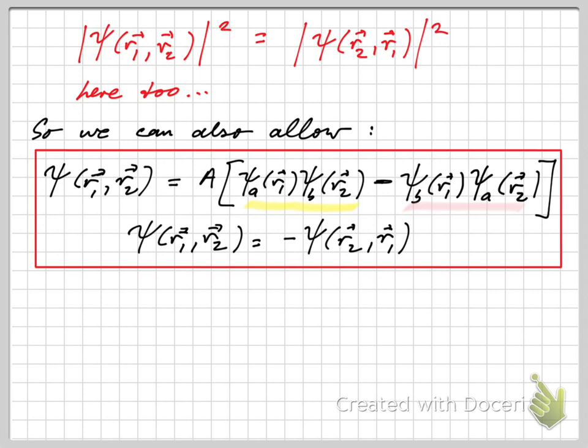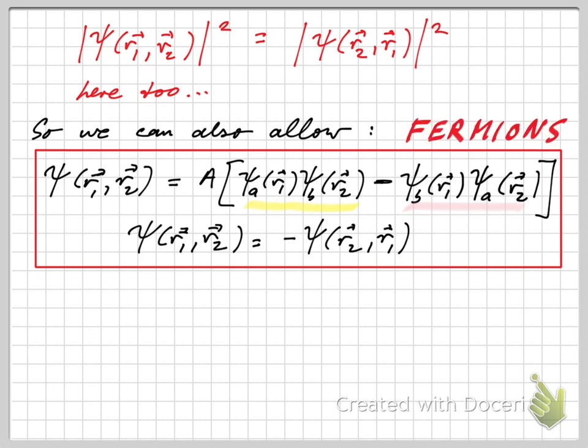And you see then with the minus sign, when you exchange R1 and R2 in that expression, you can very easily verify that you get minus the original result. Yeah, so you have now that psi of R1 comma R2 is equal to minus psi of R2 comma R1, and we are going to allow this two-particle wave function as well.